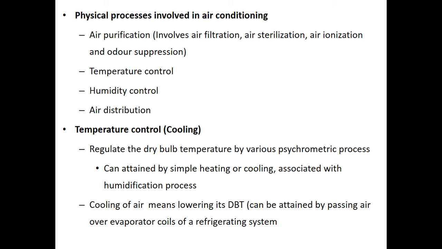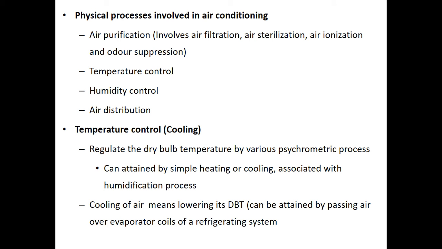And while defining air conditioning, I told you that it involves a simultaneous control of air purity, air motion, temperature control, and humidity control of the air inside the space which is to be conditioned. So while discussing the physical processes involved in air conditioning, we need to manage all of these.